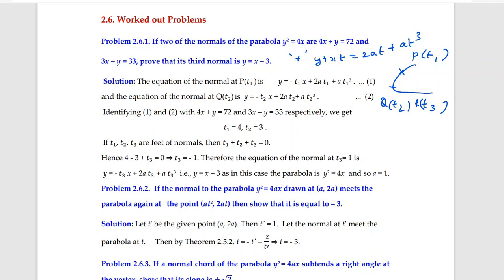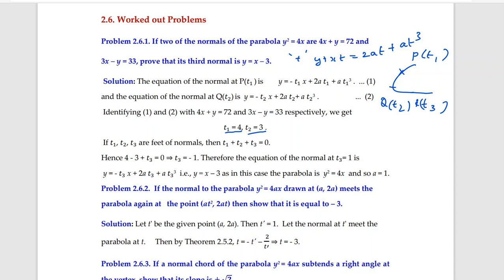So when we compare these two, we conclude that t1 is equal to 4 and t2 is equal to 3. But we know that the relation among t1, t2, t3 is t1 plus t2 plus t3 equal to 0, the sum of the ordinates is 0, or rather from the relation between the roots and coefficients.